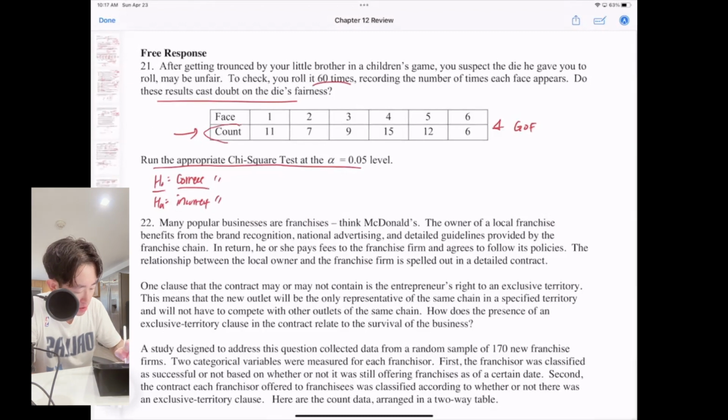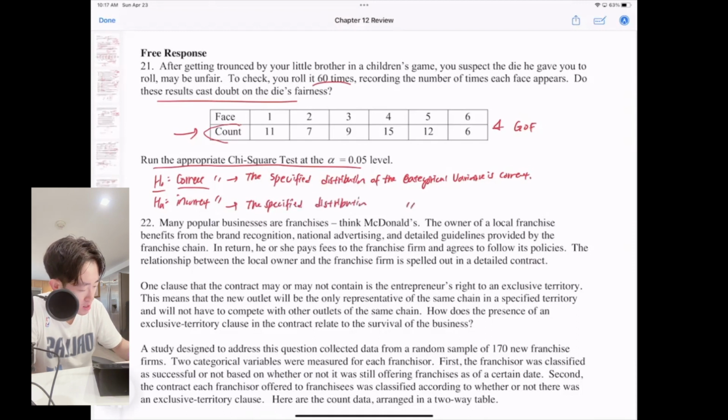I'm going to give a little bit more detail. The specified distribution of the categorical variable is correct. And for the alternative, the specified distribution of the same variable is incorrect.